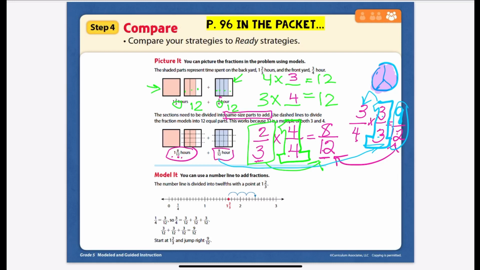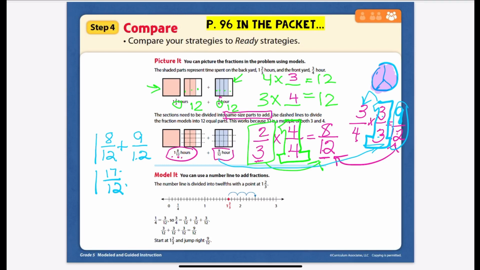So if we have our 1 and 8/12 right here, plus 9/12, we can add that up, right? And that's going to be 1. And then we have 8 plus 9, which is what? 17. And then we keep our denominators the same, 12ths. Well, I see that 17 is bigger than 12, so that's an improper fraction.